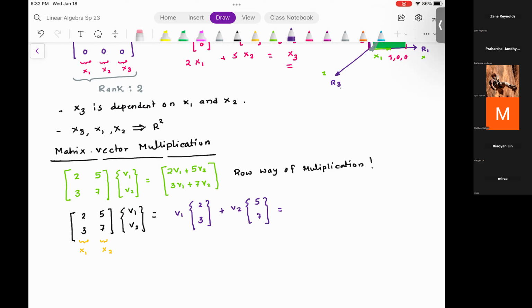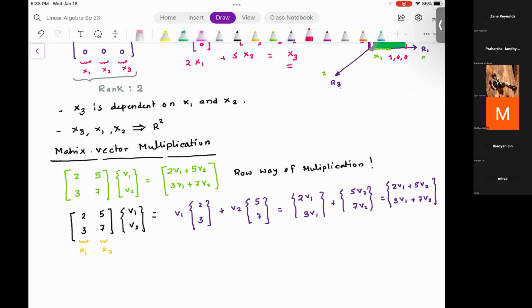This gives me 2V1, 3V1 plus 5V2, 7V2, and that yields 2V1 plus 5V2, 3V1 plus 7V2. So the result is the same, but the interpretation is slightly different.